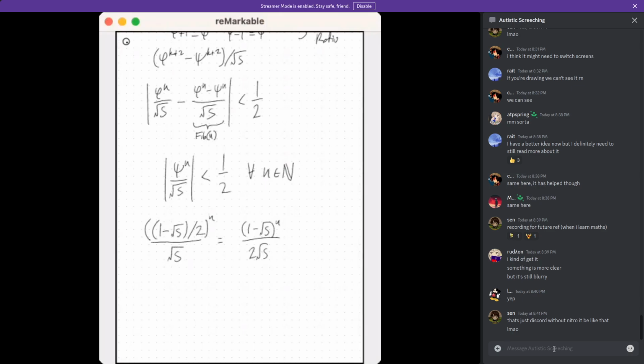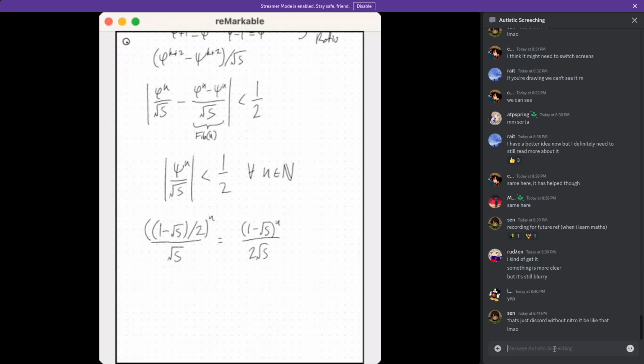And we know that any number less than 1 raised to some power is still going to be less than 1, unless the power is negative, I believe. So yeah, any number raised to some positive exponent is going to be smaller, right?